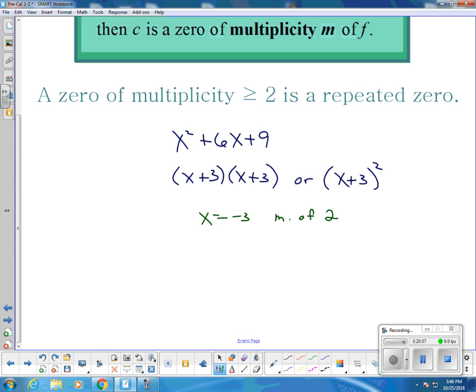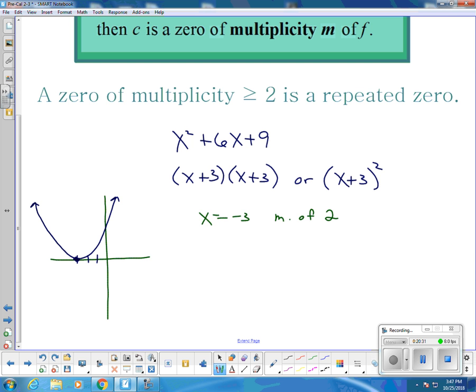Now, that doesn't mean that the graph kind of does a loop-de-loop and hits it twice. It just means that the parabola hits the graph and goes back up, okay? It doesn't loop around. So you can have a 0 that has a multiplicity.